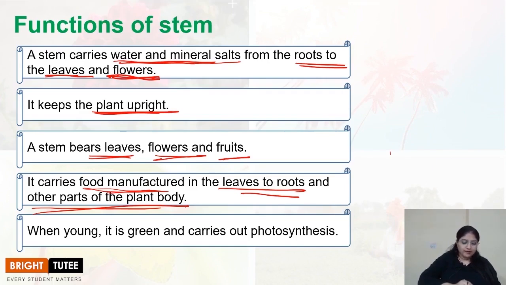Apart from that, when the plant is young and the stem is green, it carries out photosynthesis. So we have seen how photosynthesis is associated with the green color, that is chlorophyll, right? So we already know that because of this green color, photosynthesis occurs in the leaves. And similarly, this occurs in the young stems as well, right? So these are the different functions of a stem.